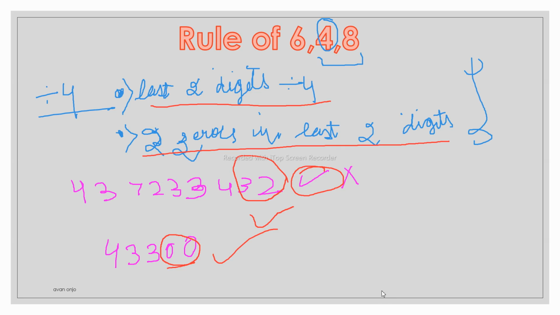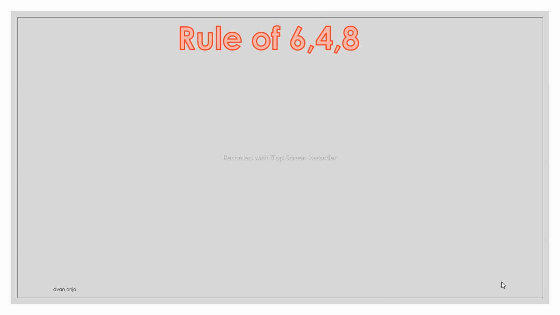Okay, now I told you that the divisibility rule of 8 is somewhat similar to what we have seen in the divisibility rule of 4. So let me just give you how you can solve the divisibility rule of 8. It is similar in a way that in the rule of 4 that we have studied, the last two digits should be divisible by 4. But in the rule of 8, the last 3 digits should be divisible by 8.